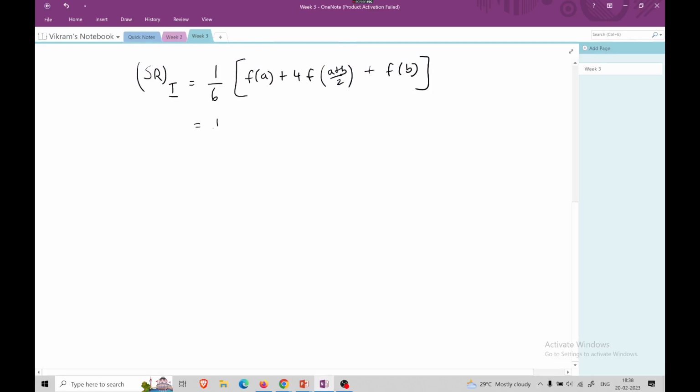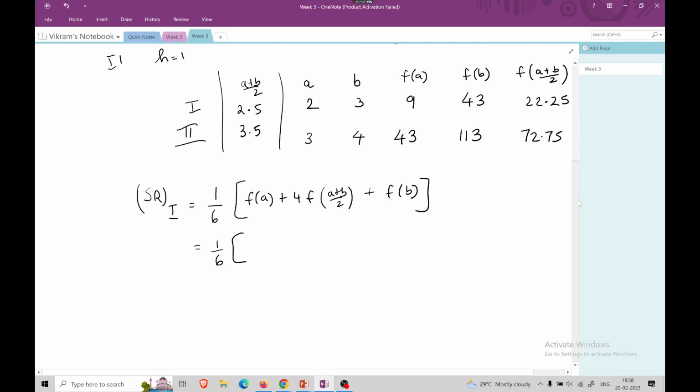So this is 1 by 6 into, what is my f of a? For the first element it's 9. F of b is 43, plus 4 times 22.25. I'll just quickly calculate this. Plus 43 plus 9. This is 47 by 2, 23.5.